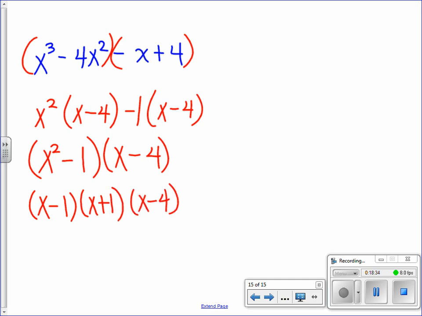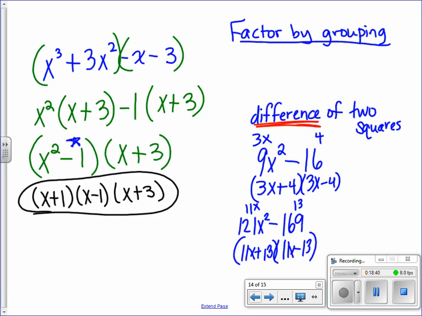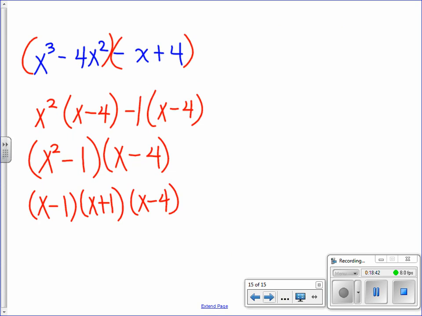No, you're not. Something that you need to make sure you notice, okay? This is called the difference of two squares. What's a difference? A subtraction problem. This, that is not a difference of two squares.